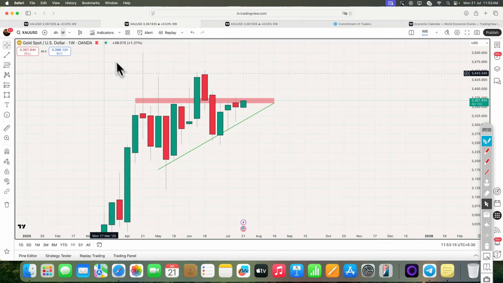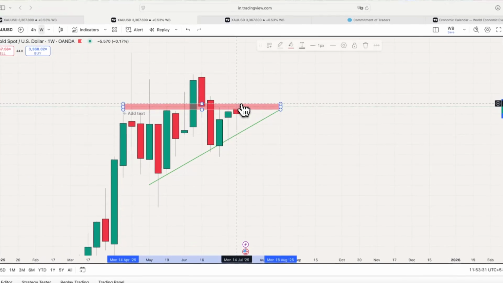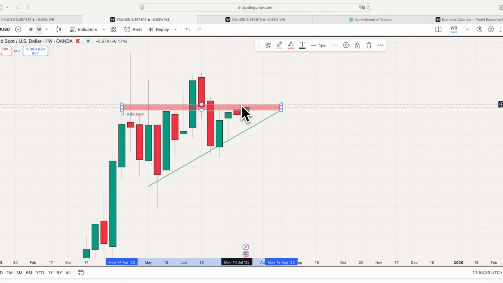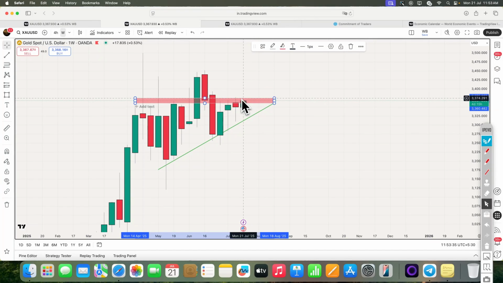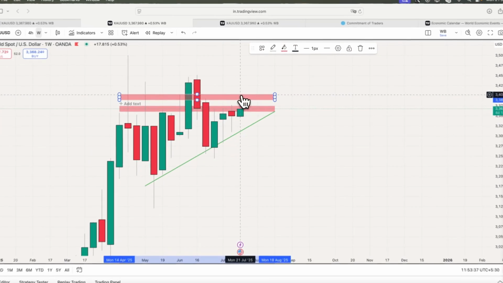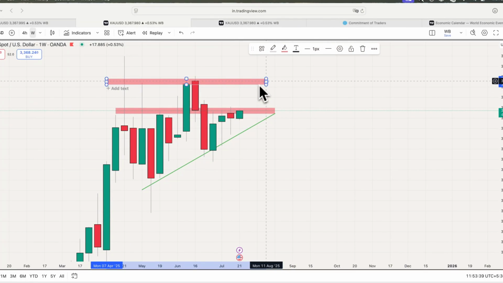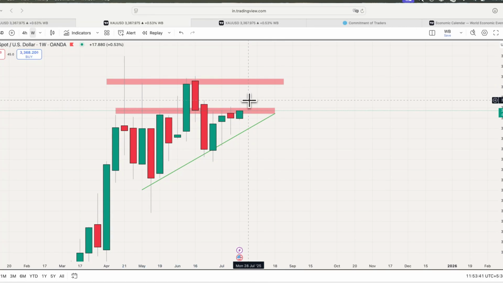On the weekly time frame, if we need continuation, first we need to claim the previous week high, and the candle should close above this area, around 3375 to 3380. On the higher side, the major breakout level that we have to watch is 3450.